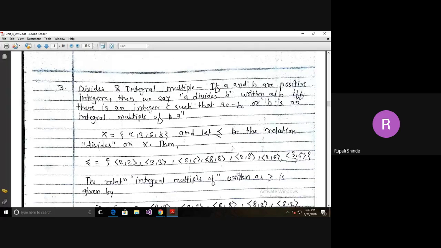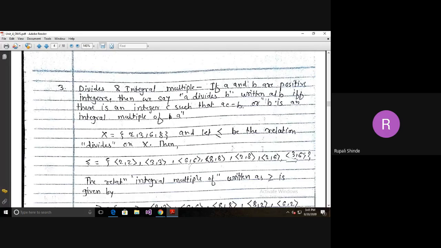Now we have to apply this divides relation on this set X. Okay, so we have to find such ordered pairs that satisfy this divides relation. So consider the first ordered pair 2, 2. Here 2 divides 2. So we can consider this ordered pair for this partially ordered relation. Now 3, 3.